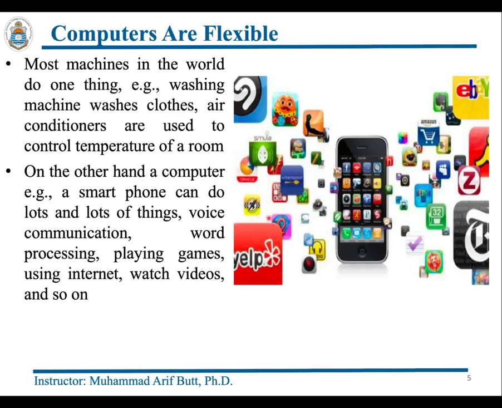For example, a washing machine washes clothes, and an air conditioner is used to control the temperature of a room. On the other hand, a computer, for example, a smartphone, can do lots and lots of things. For example, voice communication, word processing, playing games, using internet, watching videos, and so on.